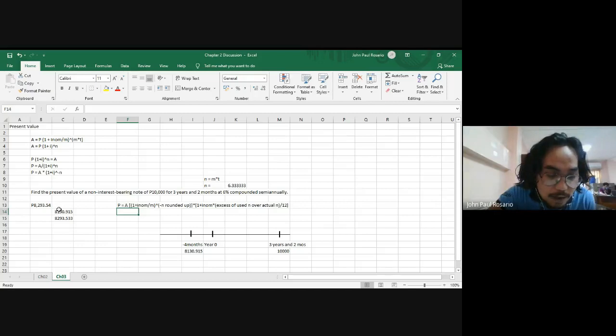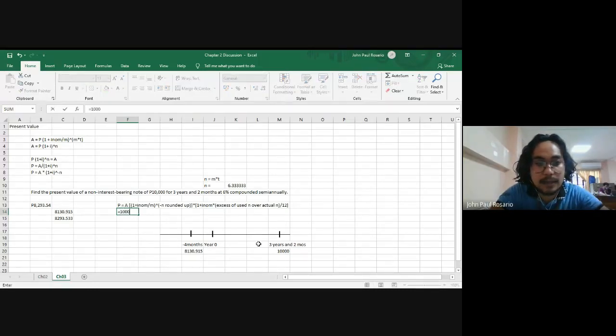Actually, the process is actually just the same. Pero at least this one is isahan na mo siya o input sa calculator like this. So, 10,000, i-times na nato siya og 1 plus, what's our i-nom? 1 plus 0.06 divided by 2 raised to the power of again negative n rounded up, so negative 7.